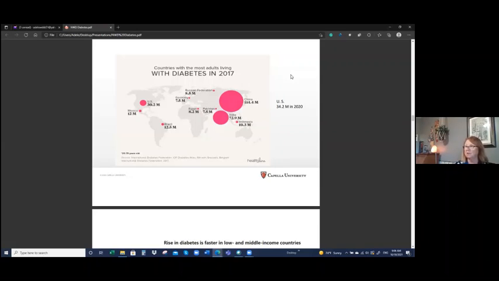These are adults. You can see real high numbers in China and India, but look at the United States, a huge number. We have a lot of work that we have to do. In 2017, there were 30 million in the United States. Now there's 34 million as of last year, a 4 million increase in really 3 years.